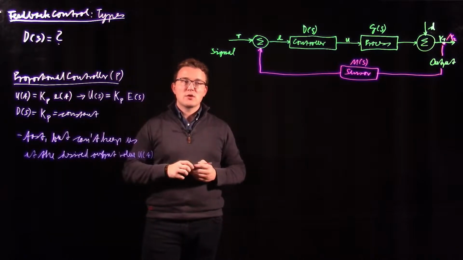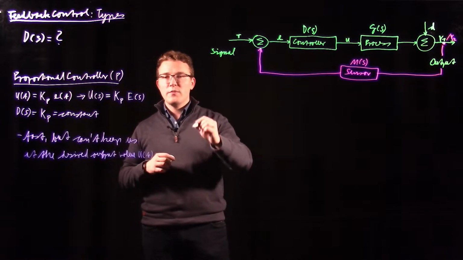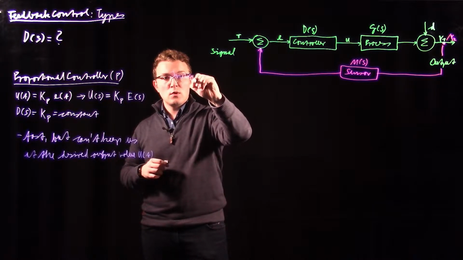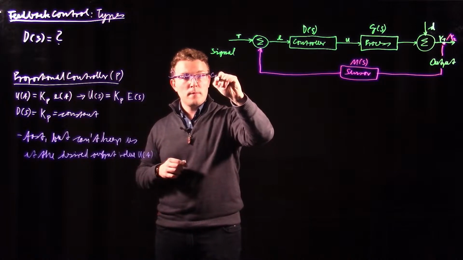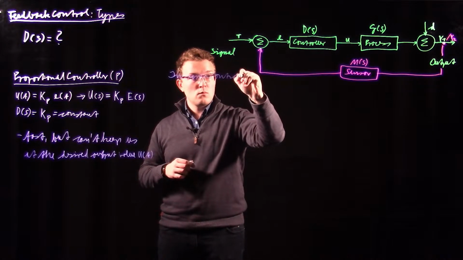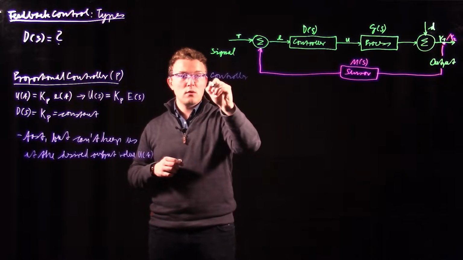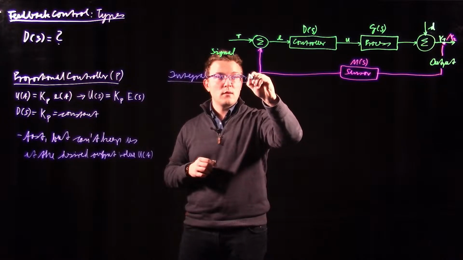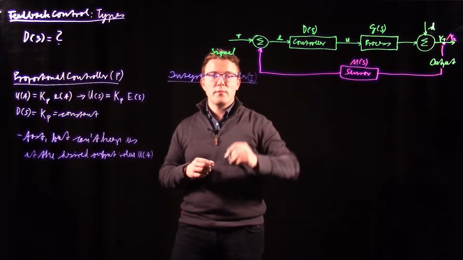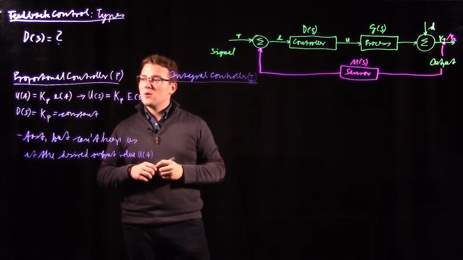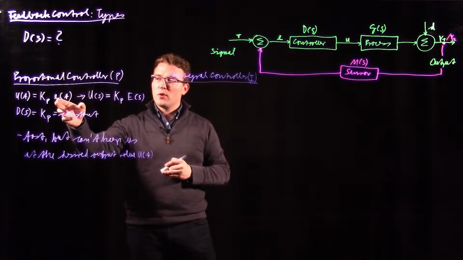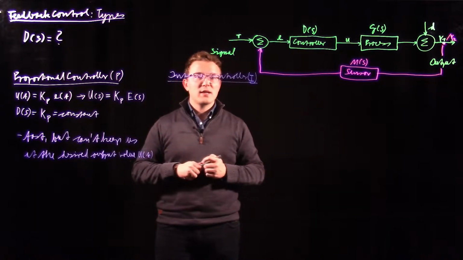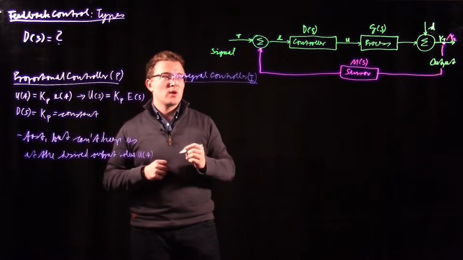The second type of controller is the so-called integral controller, also called I controller. This controller uses not a proportional, constant relationship between input and output, but, as the name suggests, an integral relationship.